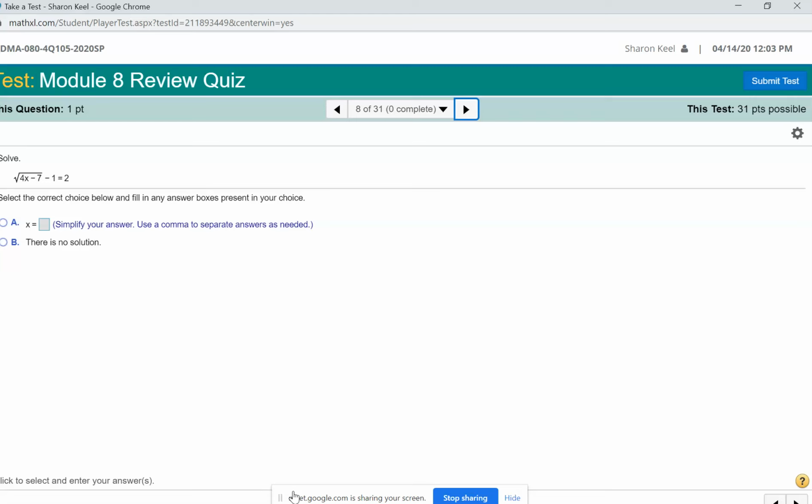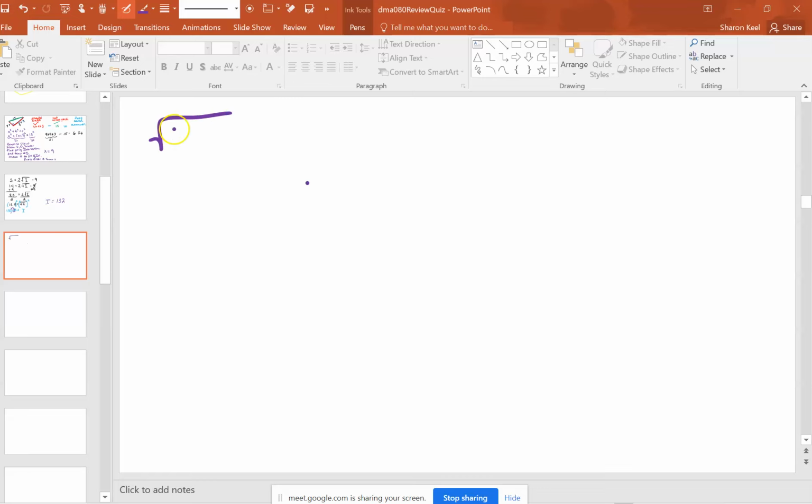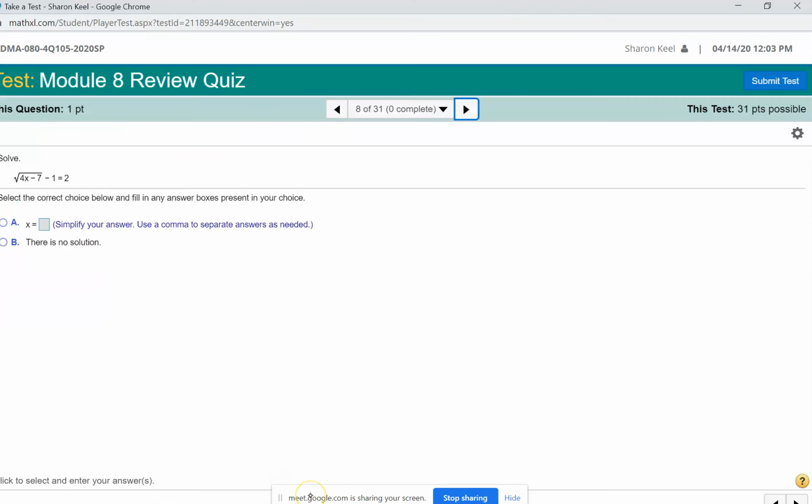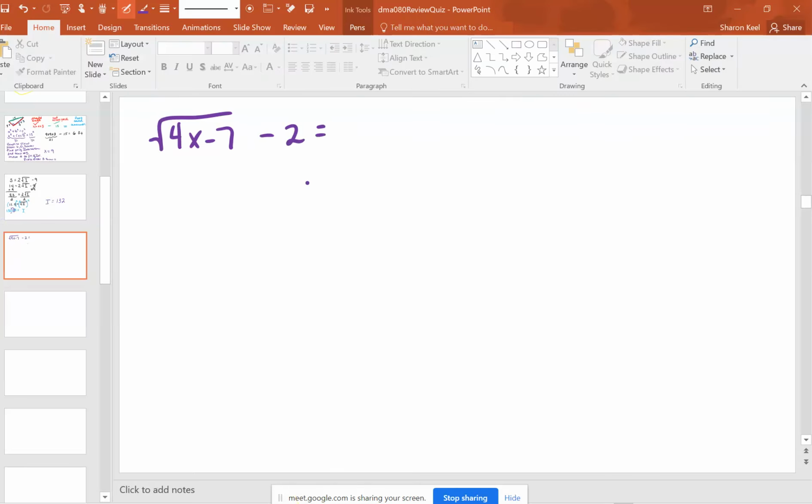The square root of 4x minus 7, minus 1 equals 2.